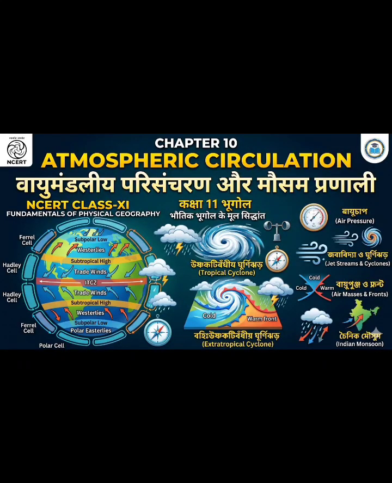Pattern of wind direction: in the northern hemisphere cyclone is anti-clockwise and in the southern hemisphere cyclone is in clockwise direction, and in the northern hemisphere anticyclone is in clockwise direction, and in the southern hemisphere anticyclone blows in anti-clockwise direction.